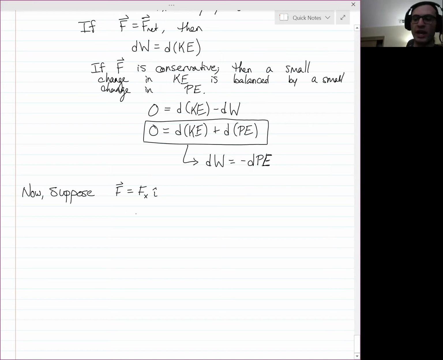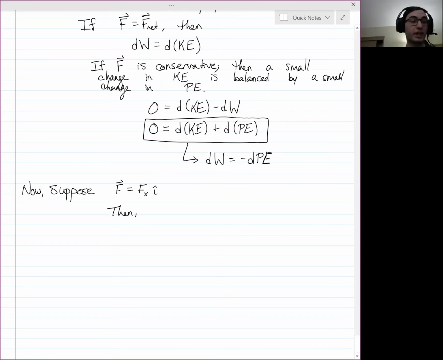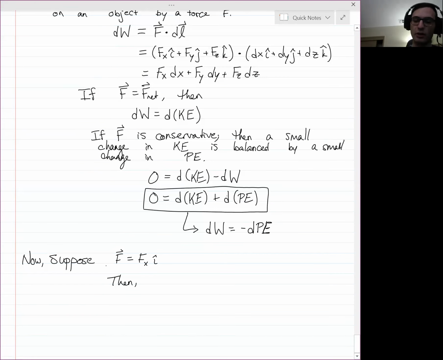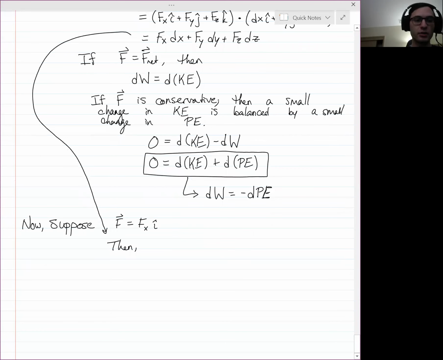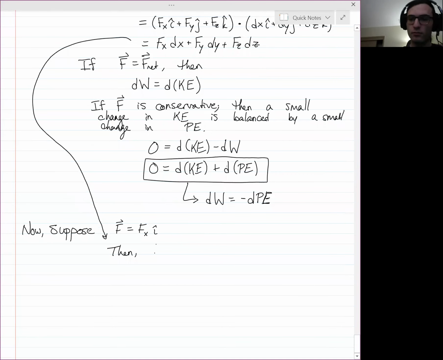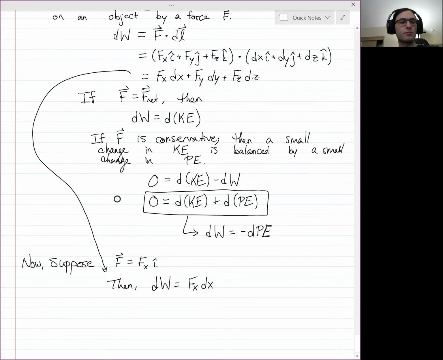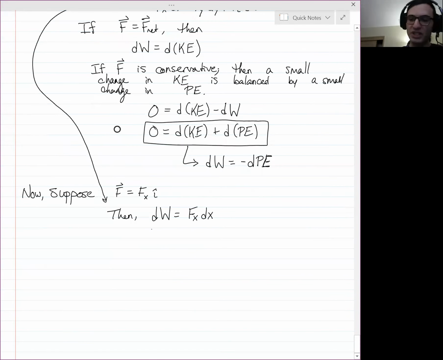Then the work done, looking up here, dW, is equal to f sub x dx, right? Because Fy and Fz are both 0. And dW is the negative of the change in potential energy.